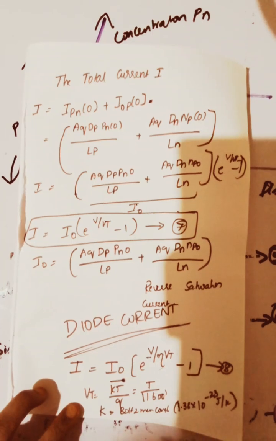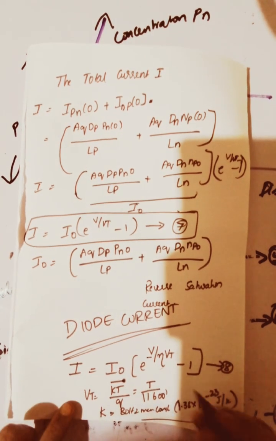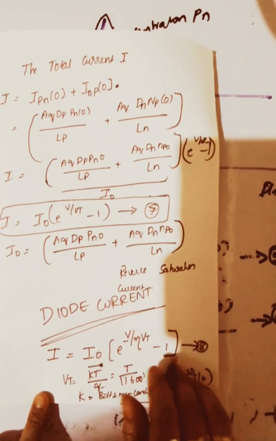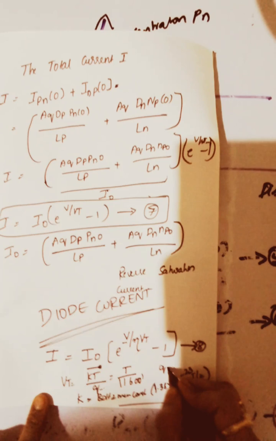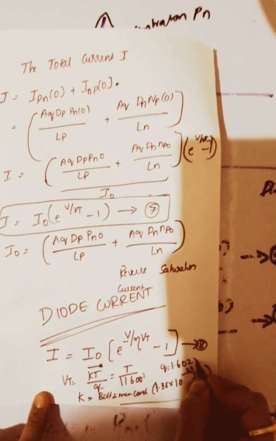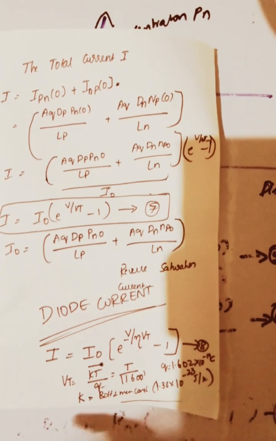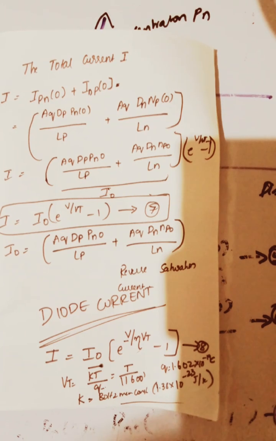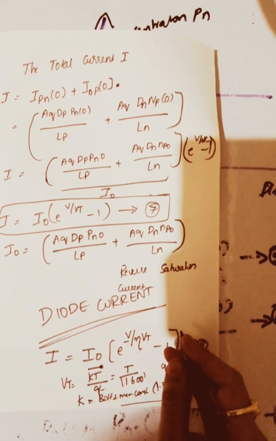Where q is the charge of electron, q is equal to 1.602 into 10 to the power of minus 19 C. T is the temperature of the diode at the junction, in Kelvin.